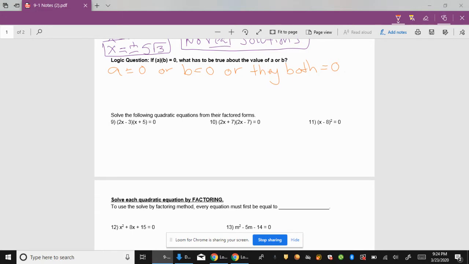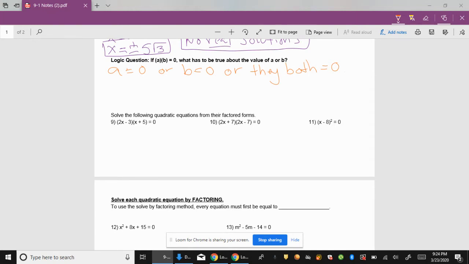First, multiply any two numbers and get 0. One or both of the numbers has to be 0. And this is called the zero product property. So if you look down at problems 9 through 11, you'll see where this comes into play.